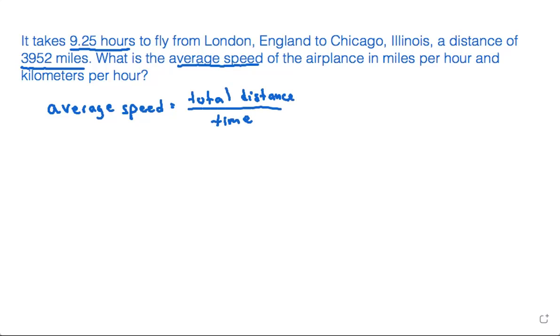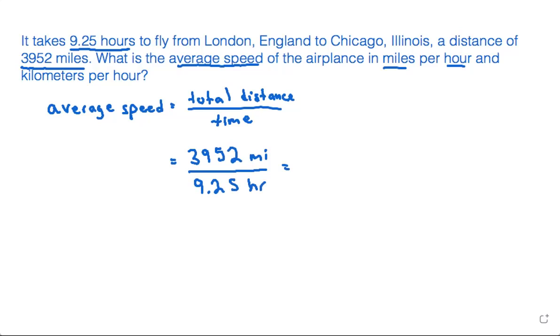So if we're looking for the average speed in miles per hour, the distance is given in miles, so we can plug that in directly. 3,952 miles divided by the time, and it wants it in miles per hour, so we can also plug in directly the 9.25 hours.